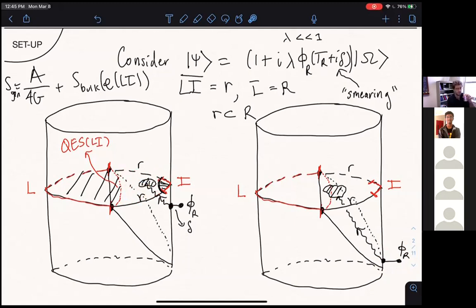Yeah. I'm confused about one thing. The picture you're drawing seems like you're literally thinking of putting a local operator. I'm inserting a local operator into Euclidean time on the boundary and letting it fall into the bulk. So yeah.